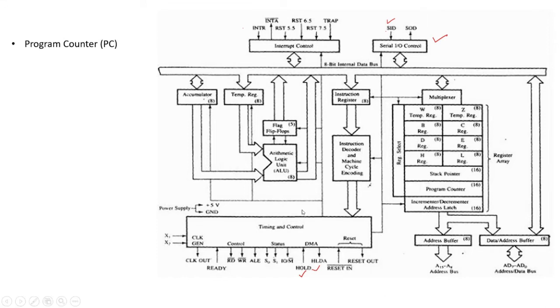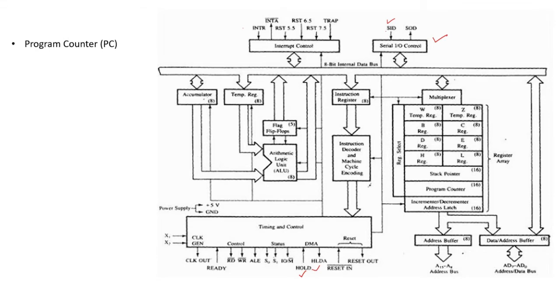Here in the block diagram, we can see a pin named RESET IN bar. Whenever the RESET IN bar pin of 8085 is made logic 0, the program counter resets to 0000H, four zeros.